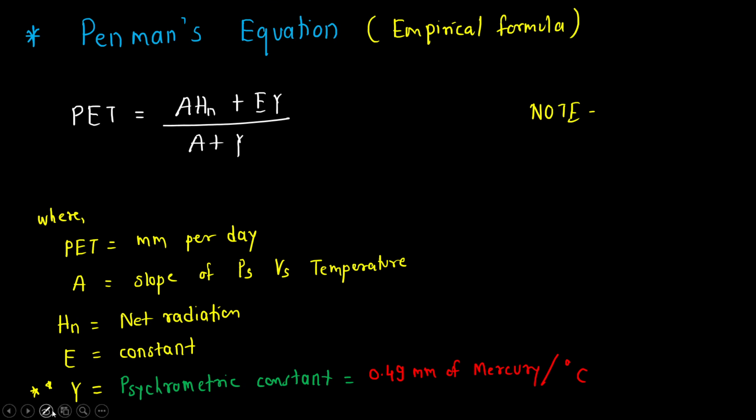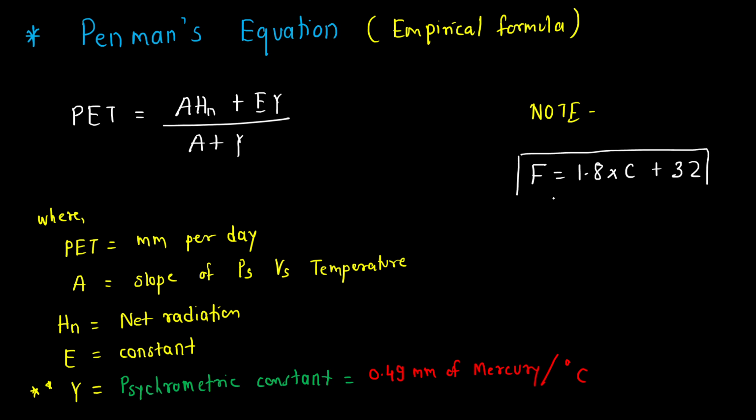Fahrenheit is equal to 1.8 into degree Celsius plus 32, where F is in Fahrenheit and C is degree Celsius. Okay, so this was the Penman's equation. Now coming to the last one, that is Blaney-Criddle formula.